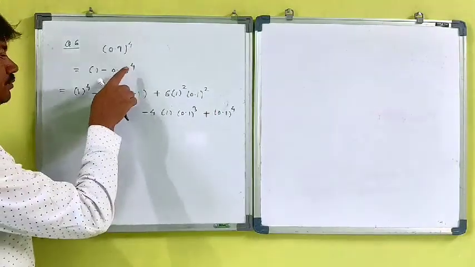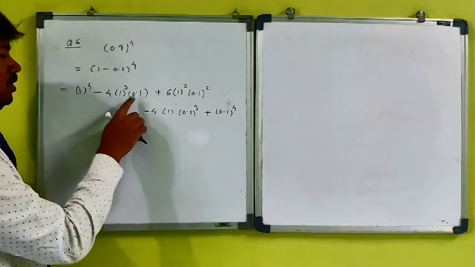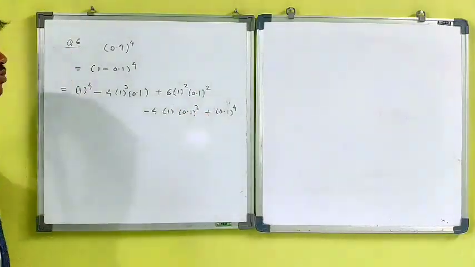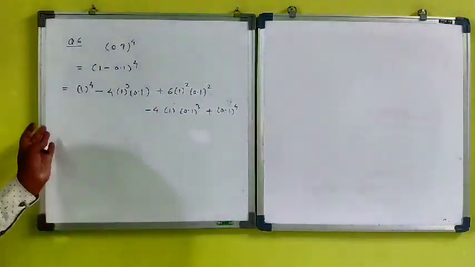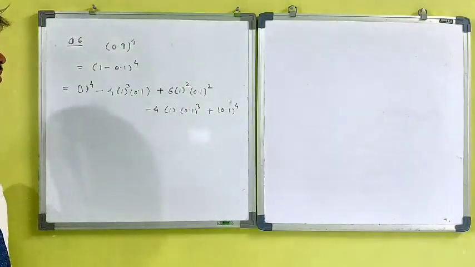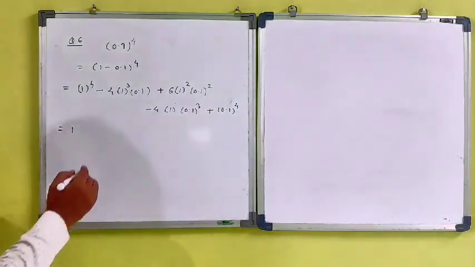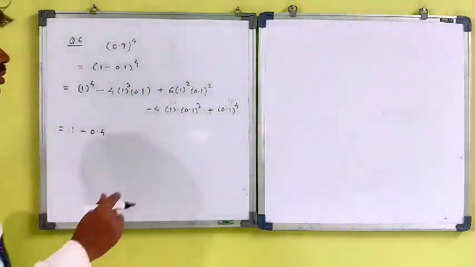The power of 0.1 goes on increasing, 0.1, 0.1 square, 0.1 cube and 0.1 raised to 4, and the coefficients 1, 4, 6, 4, 1. So those are the rules we all follow for the expression here. So the value is 1, then 4 into this, so it is 0.4. 1 minus 0.4.